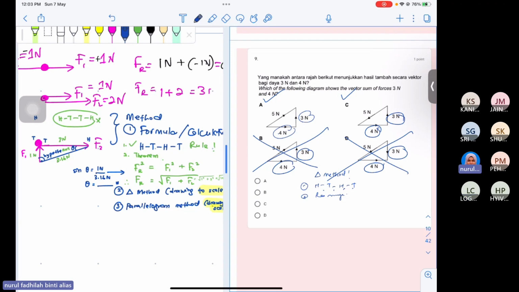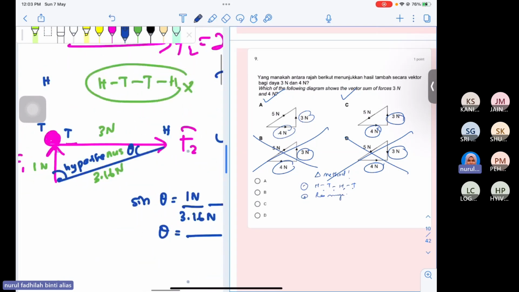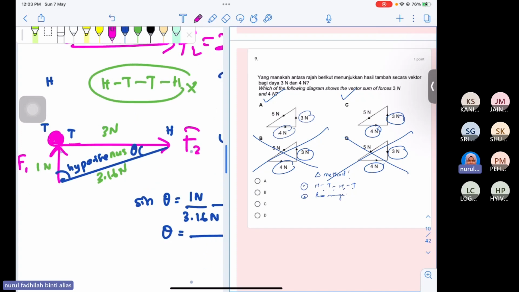Antara A dengan C, sekarang ni kalau head, tail ni, what about the resultant force? Resultant force tu pun kena follow head, tail tak? Jawapannya tidak.